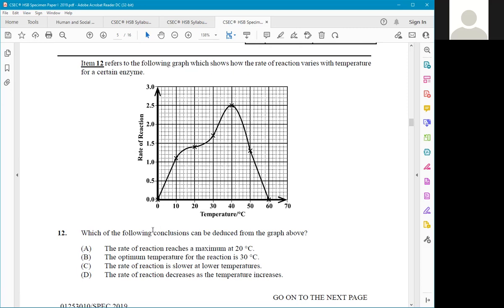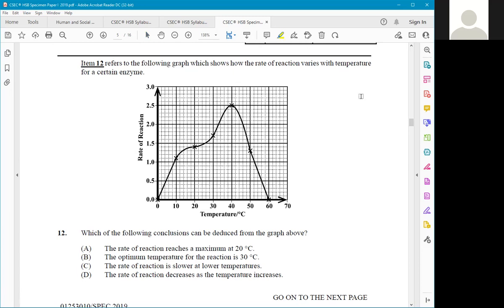But I would have sent this back to CXC and disputed this question, because they allow you to do that on the exam, but we don't get to see the multiple choice really. So we can dispute them, but this question should be thrown out or rephrased. The answer should be rephrased, because the rate of reaction decreases as temperature increases. I can say that that is true because, where's my thing?